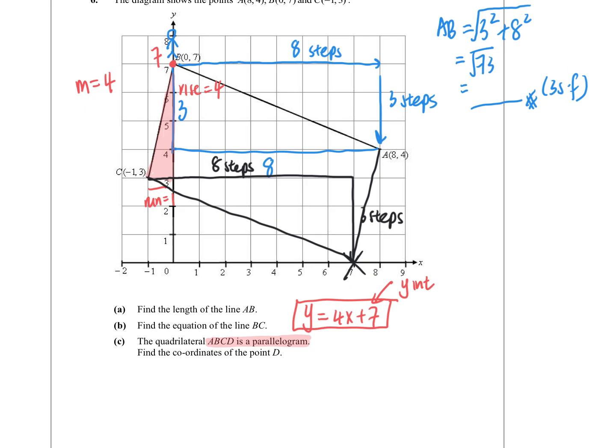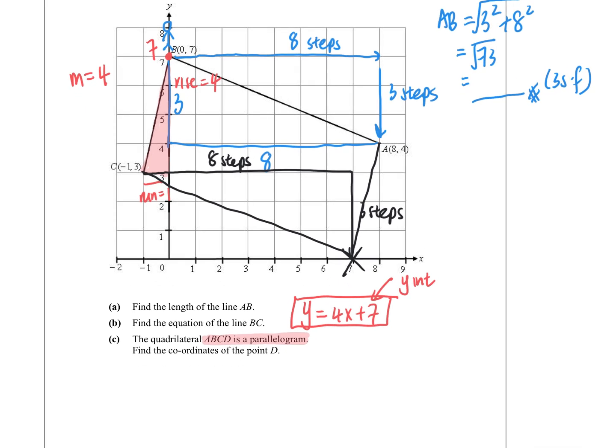Because it's a parallelogram, the movement from B to A should be the same as the movement from C to D. Can you see the movement?